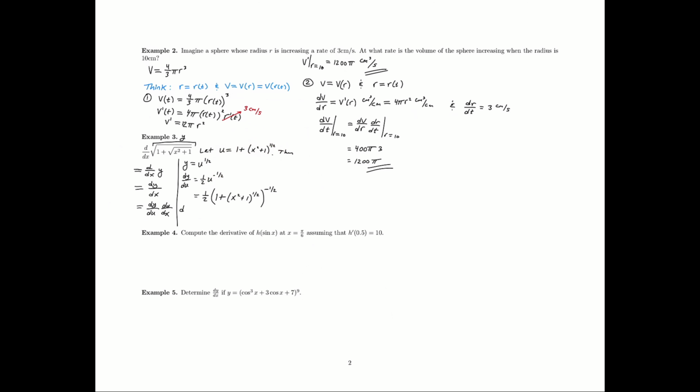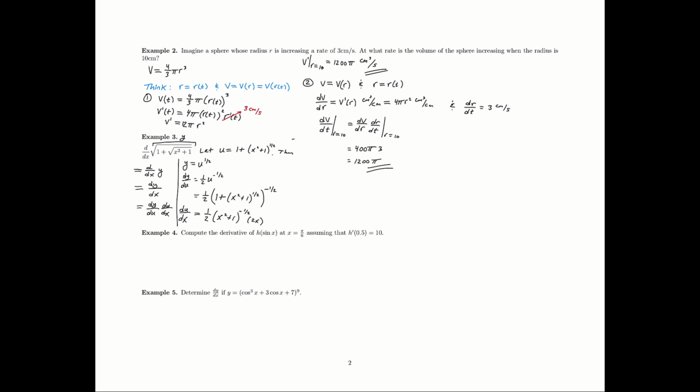And then du dx, what's that? Du dx is 0 plus 1/2 x squared plus 1 to the negative 1/2 times 2x.